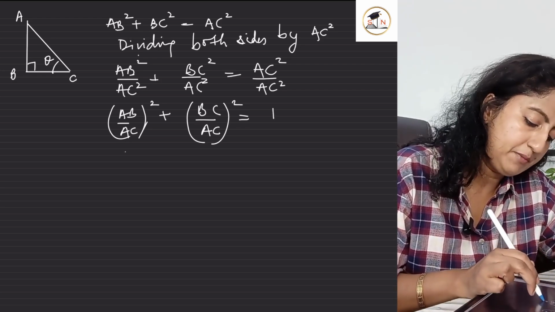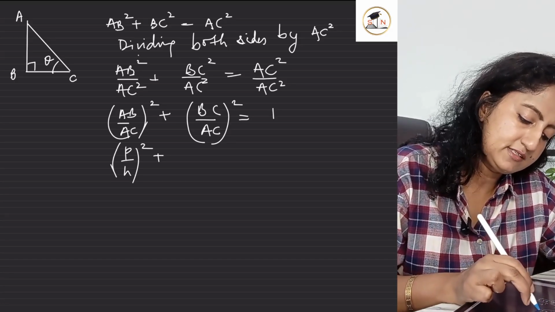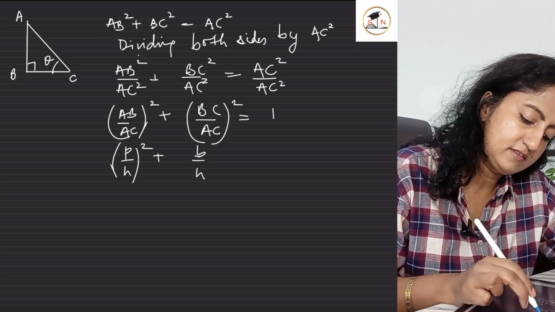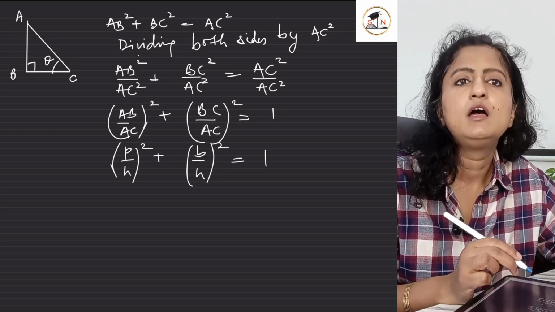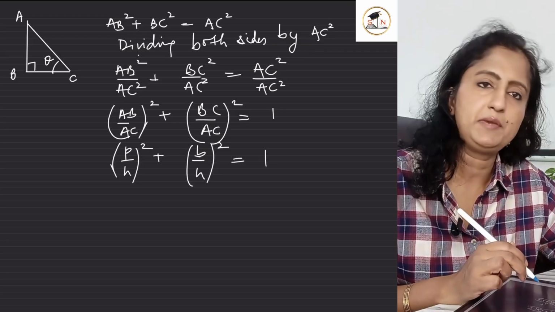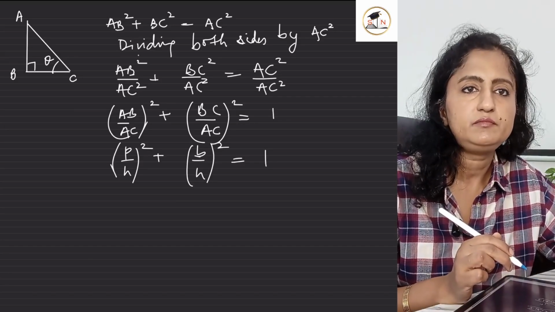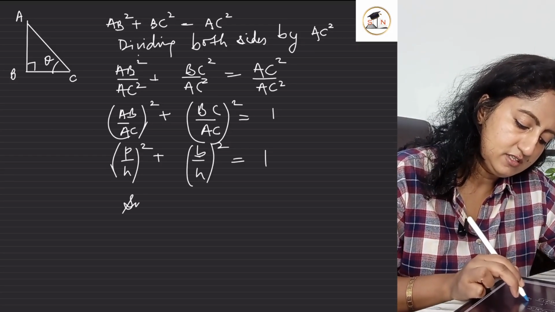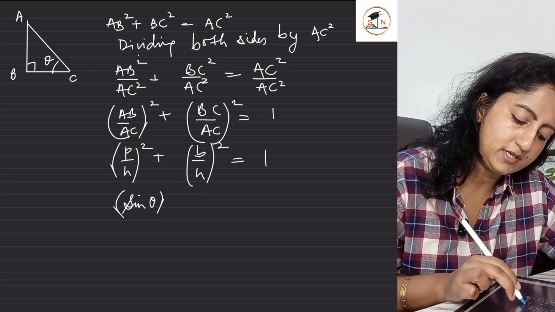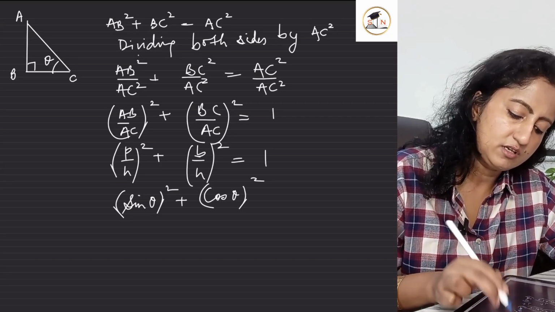That is P by H. BC is your base. Before I say, I'm giving 1 second break. Quickly think in your mind, what is P by H? What is B by H? Okay. P by H is sin theta. So sin theta whole square plus cos theta whole square equals 1.